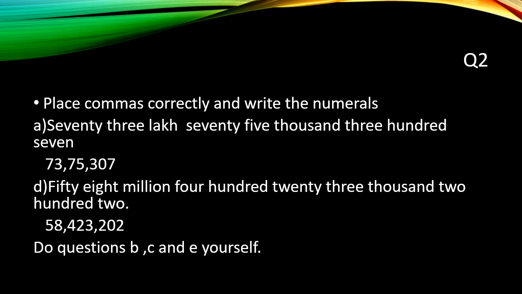Question D. 58,423,202. This question is given in International system of numeration, and we know that in International system of numeration, we group numbers from right in a group of 3. Do question B, C and E yourself.